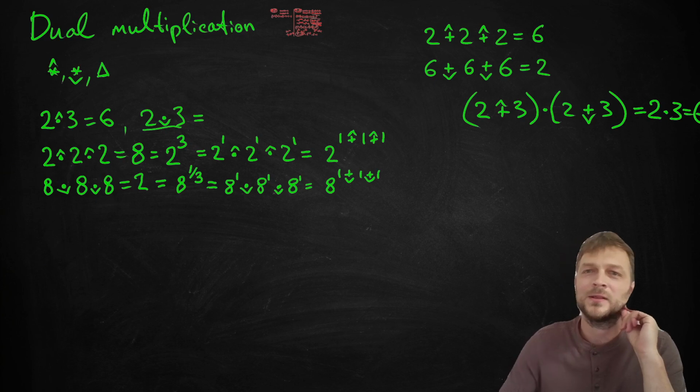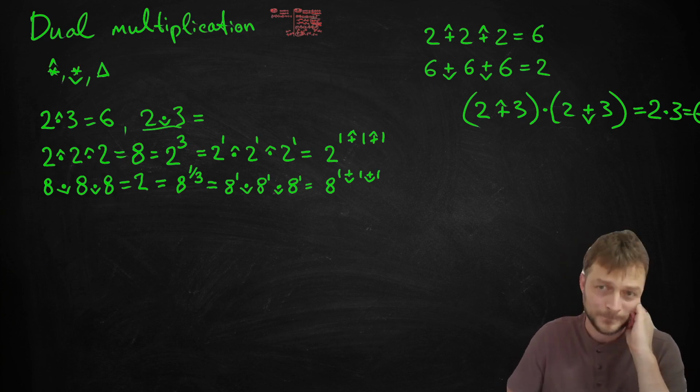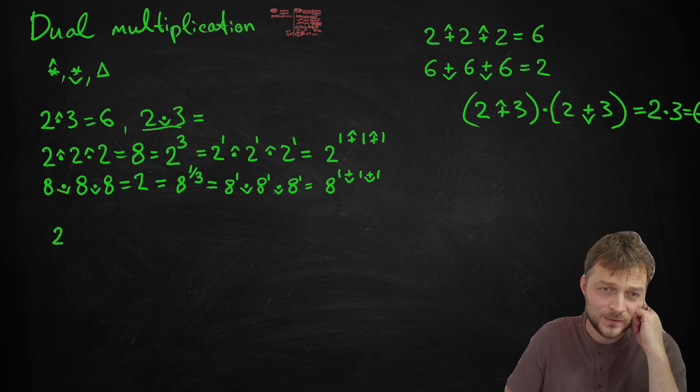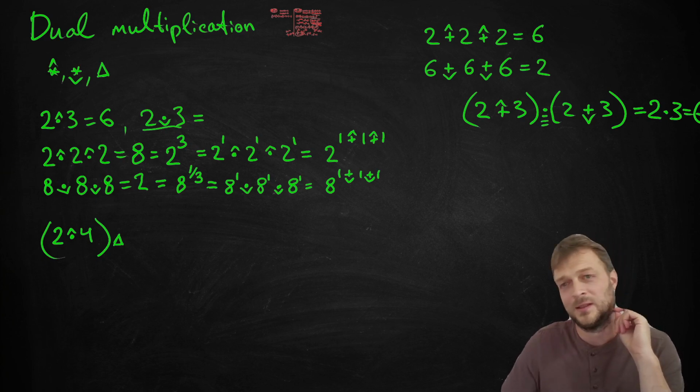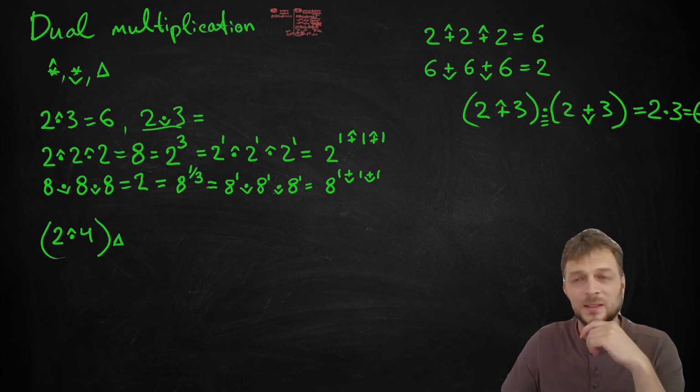Let's see how this expression looks in terms of multiplication. So what we have is, I want to use 2 and 4, for example. 2 multiplied by 4. We use this triangle operation that is equivalent to this multiplication operation in case of plus and dual plus.